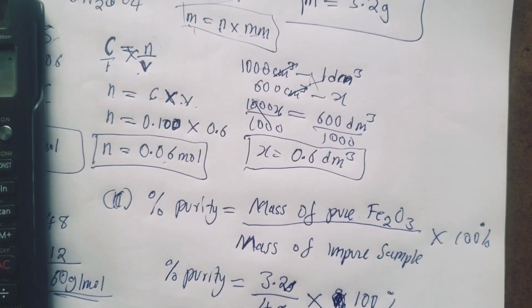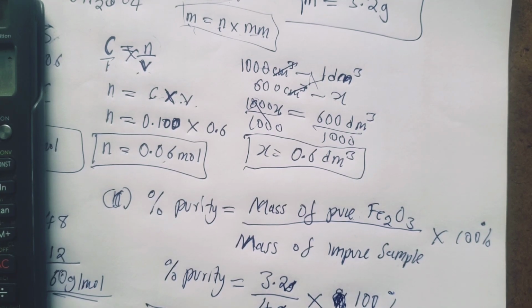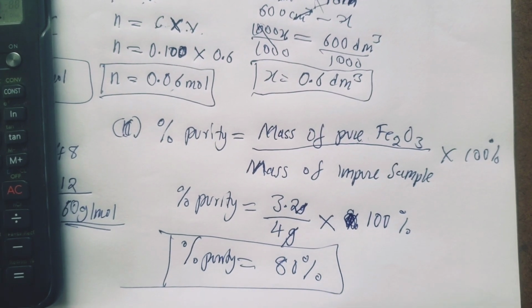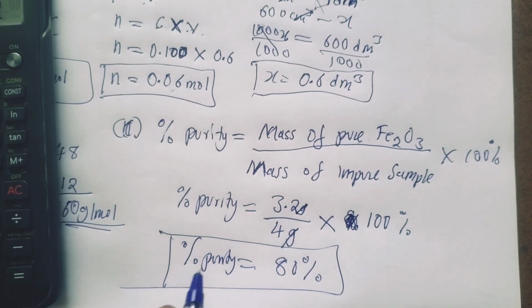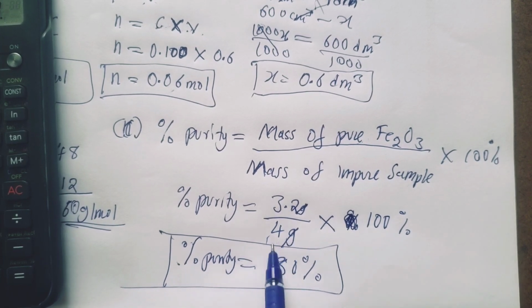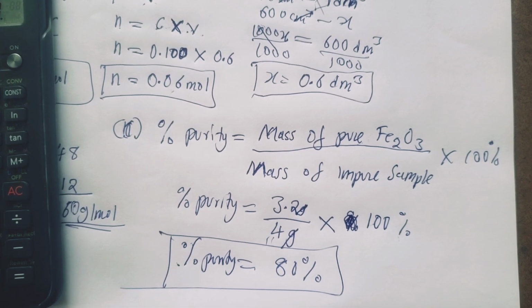So 80%. And this was our last question. So percentage purity is this divided by this, 3.2 by 4, that's 0.8 multiplied by 100, that's 80%. That's it. This is more concept.